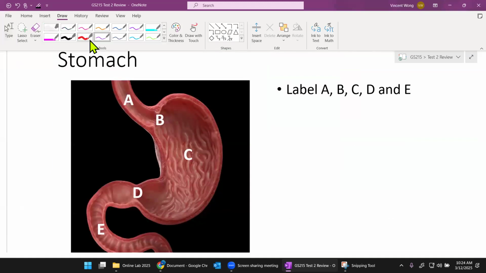Stomach. That's the esophagus, cardiac sphincter, the actual stomach with the foldings. The foldings are the rugae, right?